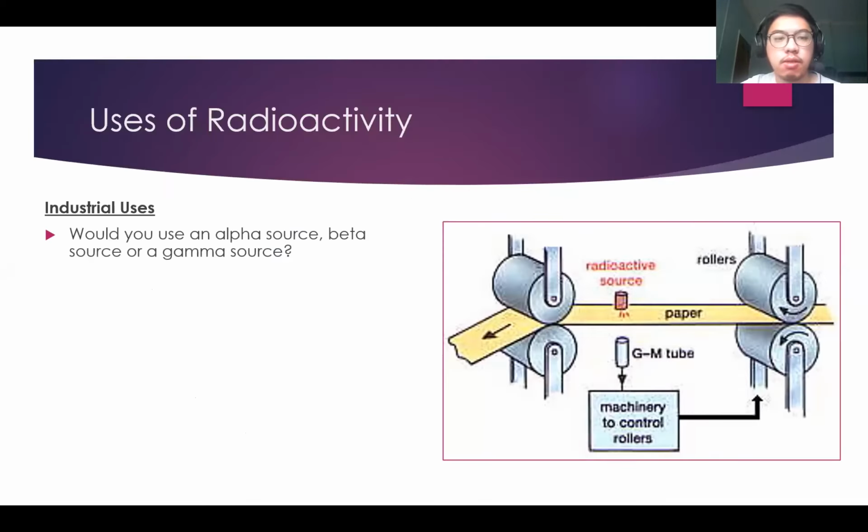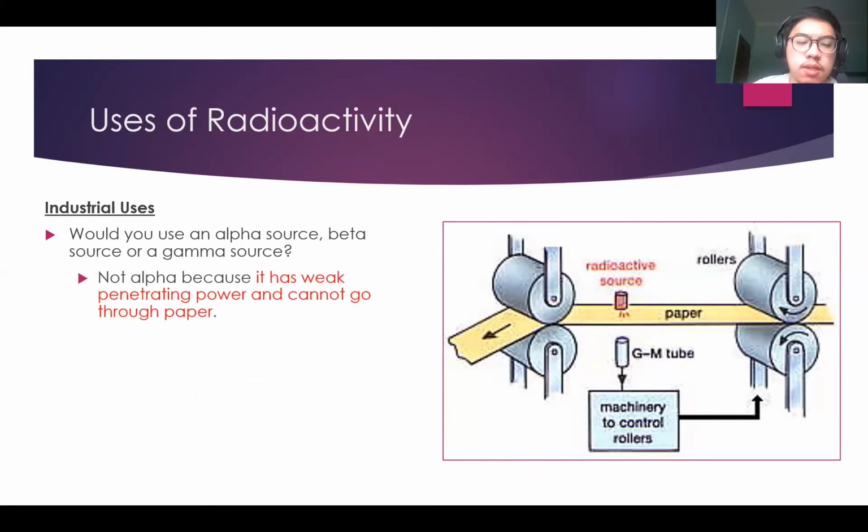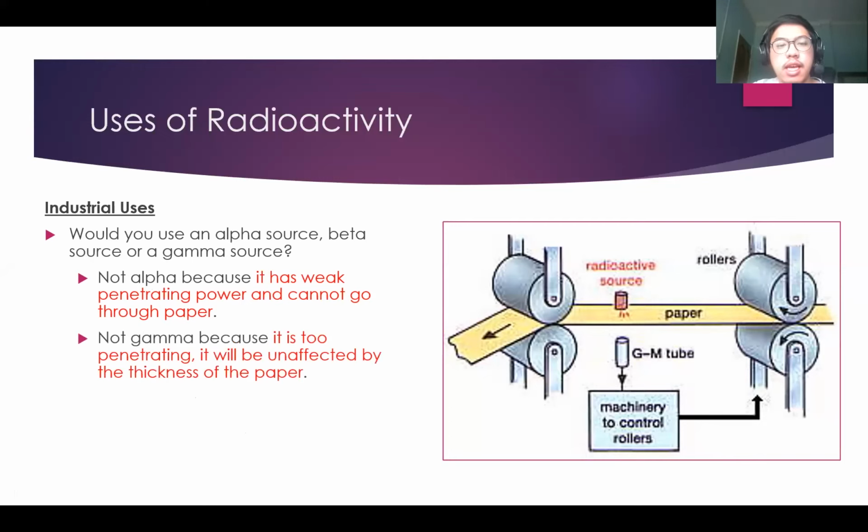So for the industrial roller, would you use an alpha source, beta source, or a gamma source? Not alpha because it has a weak penetrating power. It will not pass through paper, let alone metal. Not gamma because it is too penetrating.